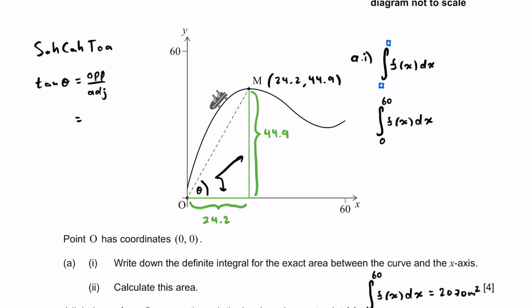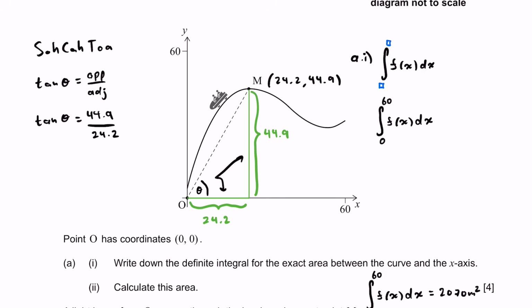In this case, the opposite is 44.9, this one right here, and the adjacent is this one, 24.2. All right, so now, remember tan is a function, it's not a variable. We have one equation with just one unknown. So now we can go ahead and solve this.